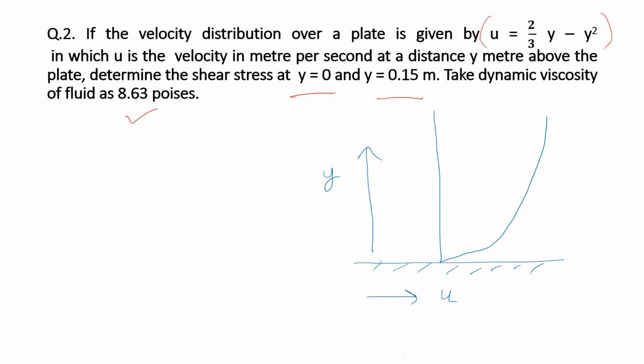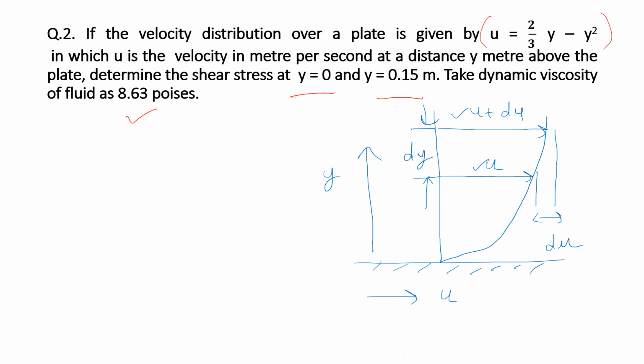Here the fluid speed is u. At this point its velocity is u plus du. So here velocity is u and here velocity is u plus du, right? And the distance between these two fluid layers is dy. The difference in speed here will be du.